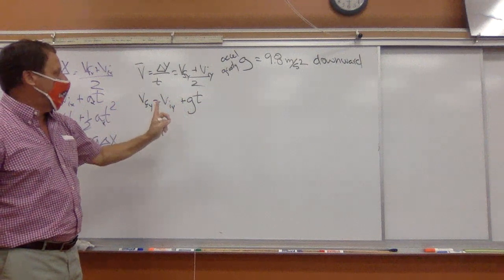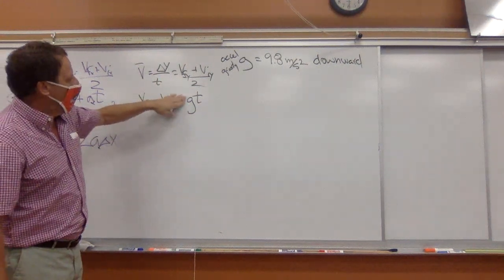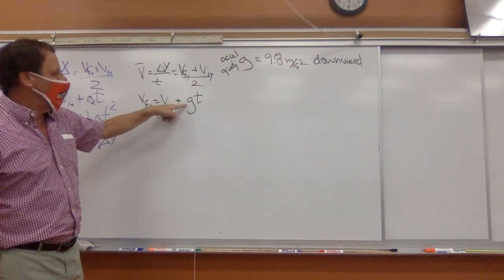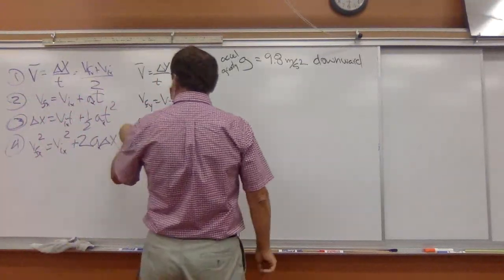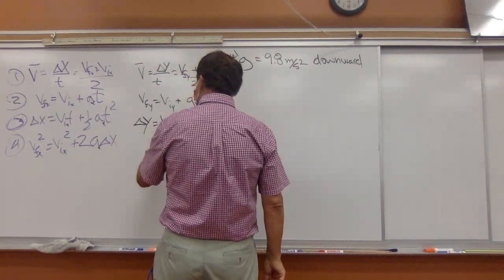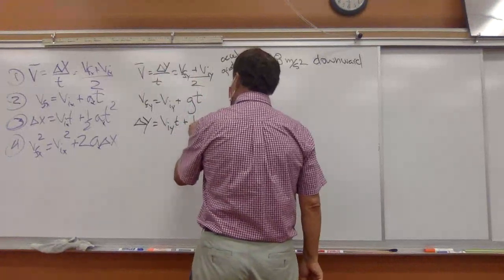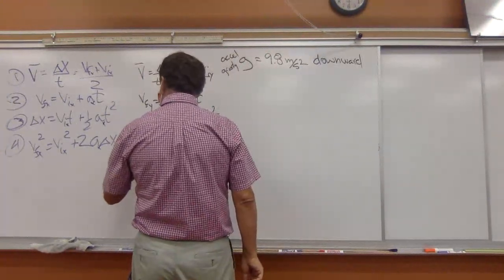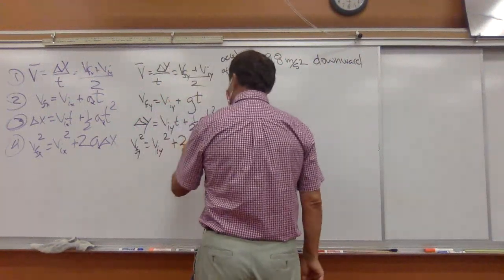If up is positive, then that is going to be negative. It's kind of a preference sort of thing. So now we have delta y is equal to v_i y t plus 1/2 g t squared. And finally, v final y squared is equal to v initial y squared plus 2a delta y.